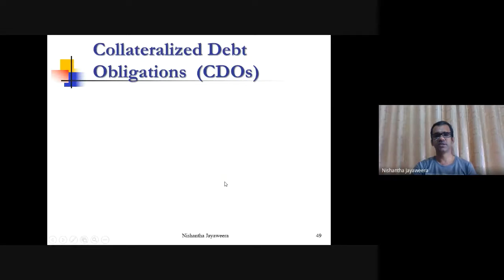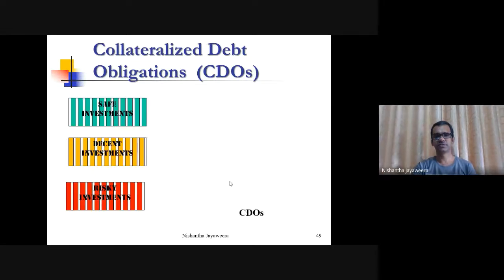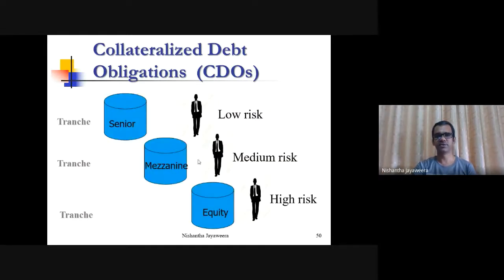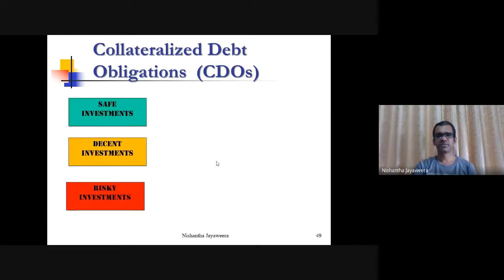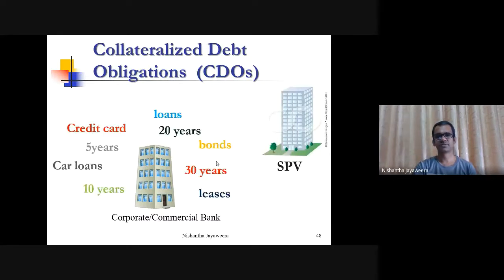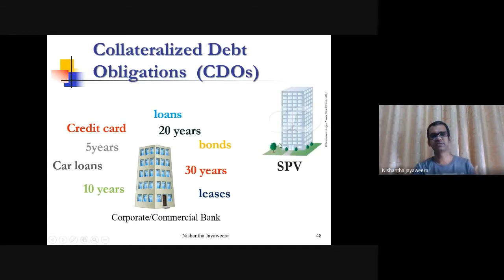So they may issue a 30-year CDO with coupon payments, but say some receipts come in at 5-year or 10-year maturities, the SPV may reinvest them in the same sort of assets to generate another set of assets.